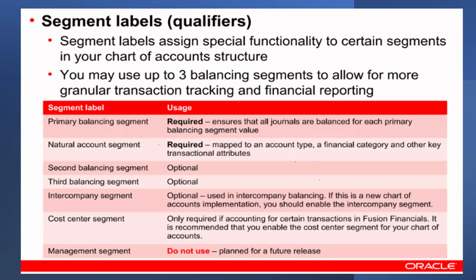If you provide a primary balancing segment, each ledger, each company level, will have one primary balancing segment. Let's say we have ABC Limited company. Under ABC Limited, we'll have three locations: the US, UK, and India.